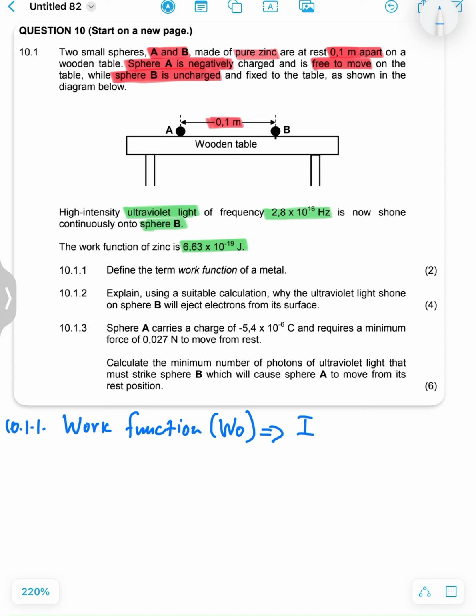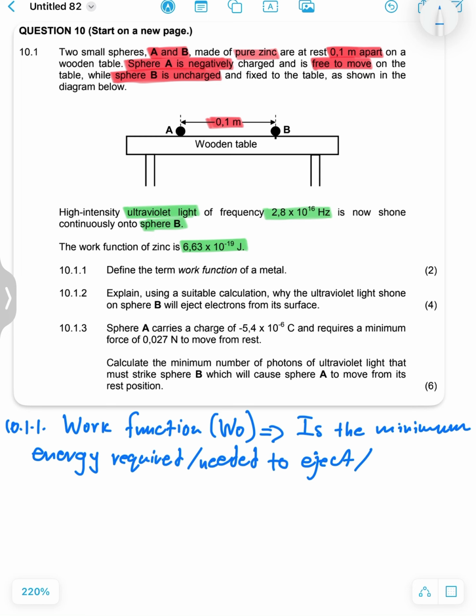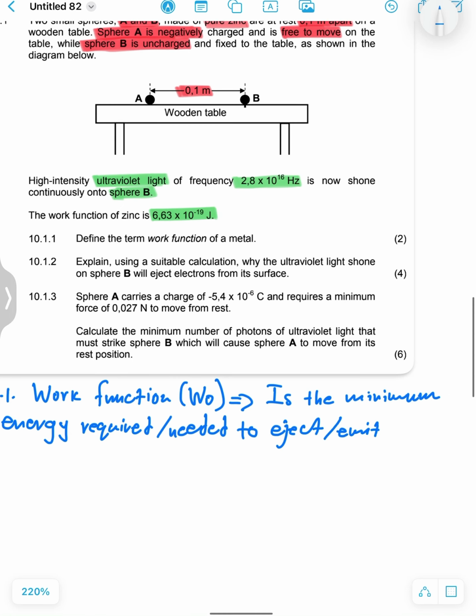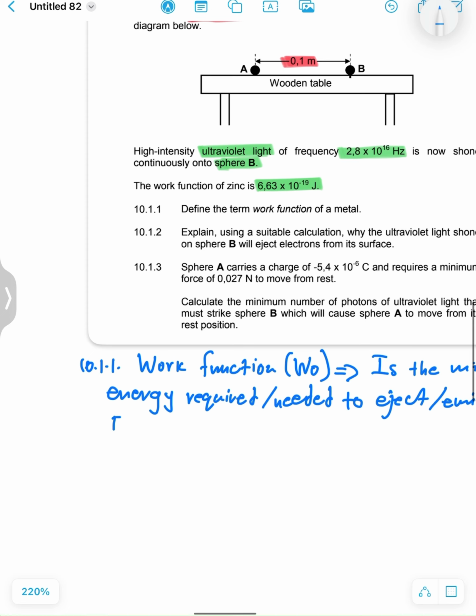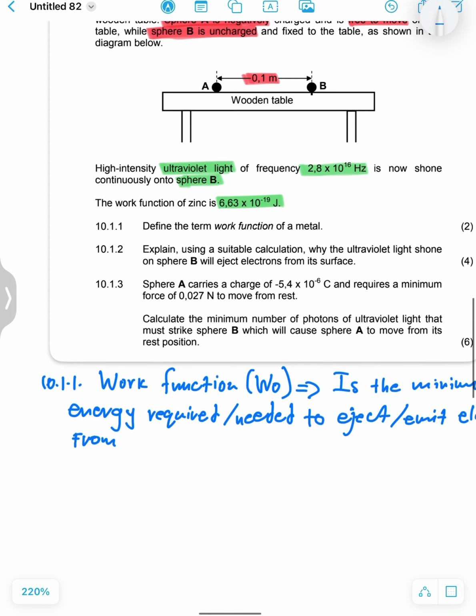So work function is the minimum energy required or needed to eject or emit electrons from the metal surface.